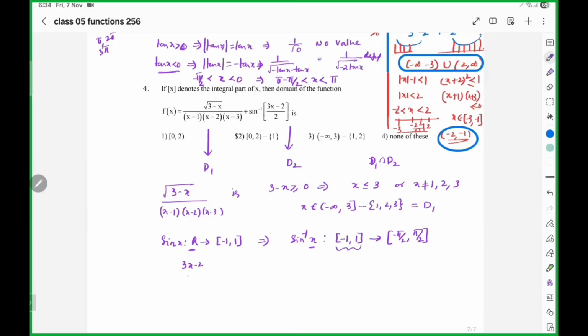So 3x minus 2, whatever is here, lies between minus 1 and 1. Here is another beautiful point: the integral part of x is less than 1 implies x is less than 2.